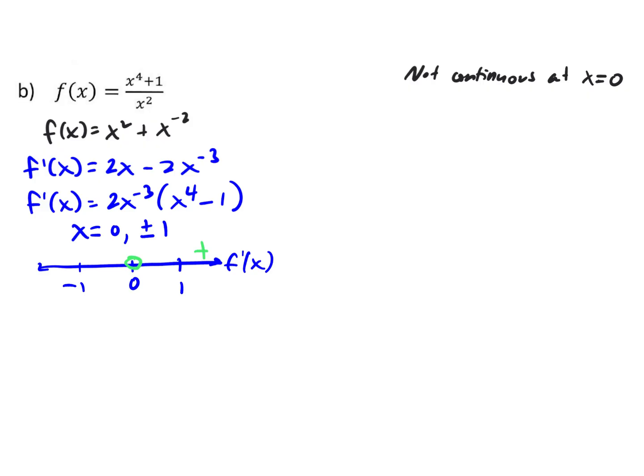Now when I'm in between 1 and 0, and I saw some of you writing 1/2, which is good, if I take 1/2 to the fourth power, I get 1/16, which means this whole thing is negative. If I take a positive number to the third power, even if it's in the bottom, it's still positive. So I've got a positive times a negative, which makes this negative.